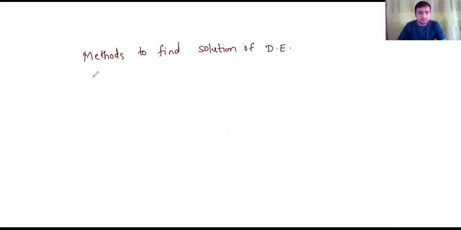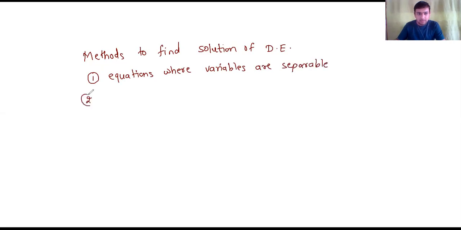We are going to study four methods. The first method is equations where variables are separable. This is the first method we are going to start with in the next video.